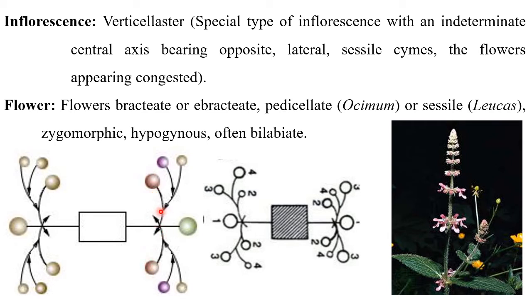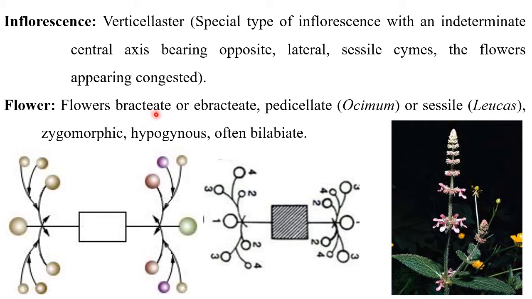This branches further and this is the third flower, and in between the second and third flower there is formation of the fourth flower. So this condition seems like a mixture of cymose and racemose, and hence it is considered a special type of inflorescence, and it is named verticillaster.